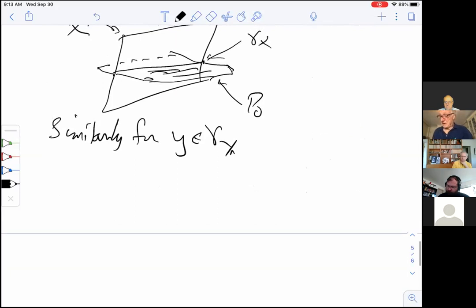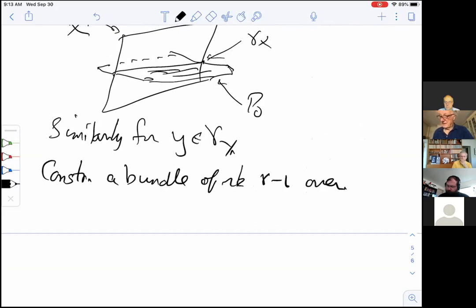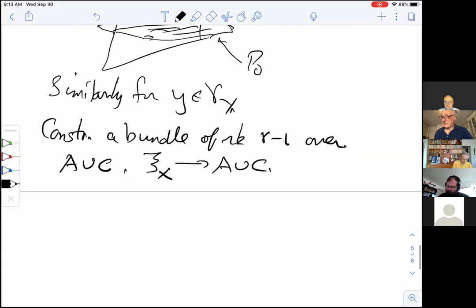Now I'm going to construct a bundle of rank R minus 1 over A union C. It's going to be called, let's say, CX over A union C. Okay.